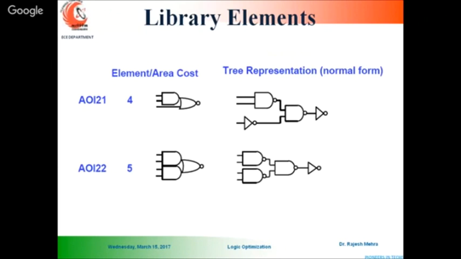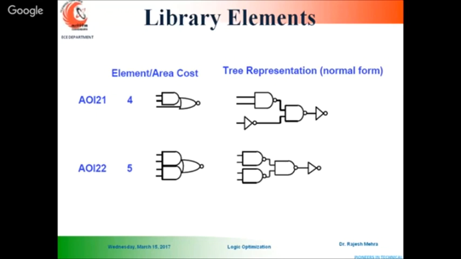Those two logics have this representation and this representation in the library of your software, right? So these are the required resources and their equivalent resources available in the library. So you have these options. Now how to map, how to select?